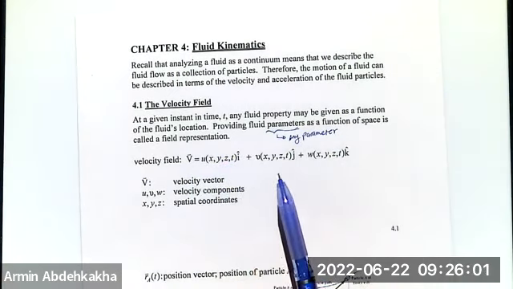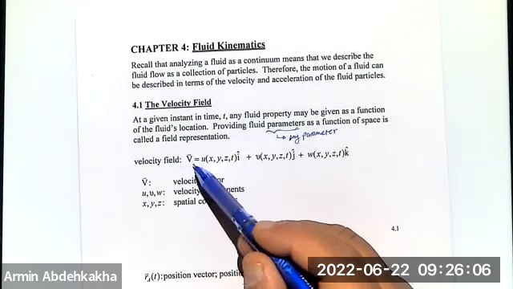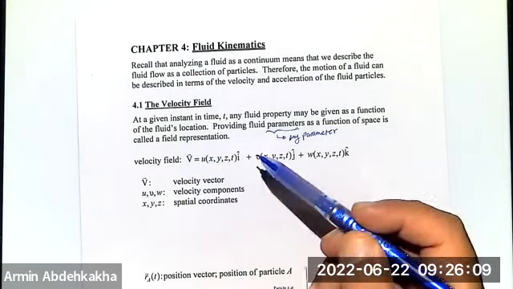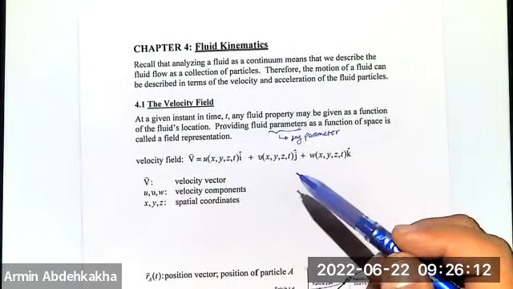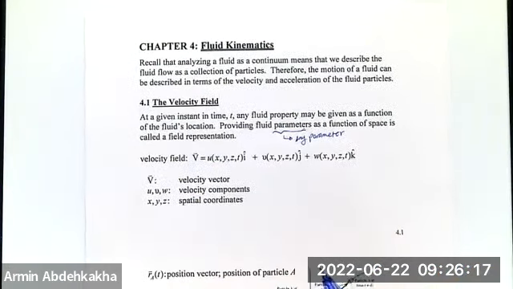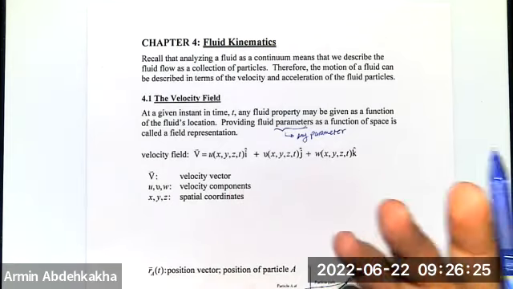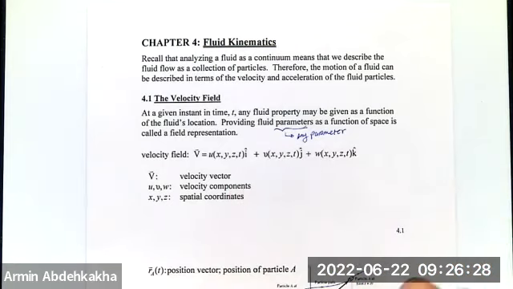If it's not a vector, for example pressure, then you don't have a vector. The pressure would be pressure as a function of x, y, z, and t. That's it, and there is no i, j, k because pressure is not a vector, right? But we are talking about velocity because it's the most important parameter in fluid mechanics. It gives you the streamlines, it gives you the acceleration, and it all comes from the velocity equation. If you don't have a velocity field, then you can say that the velocity would be 0 and the fluid is at rest.